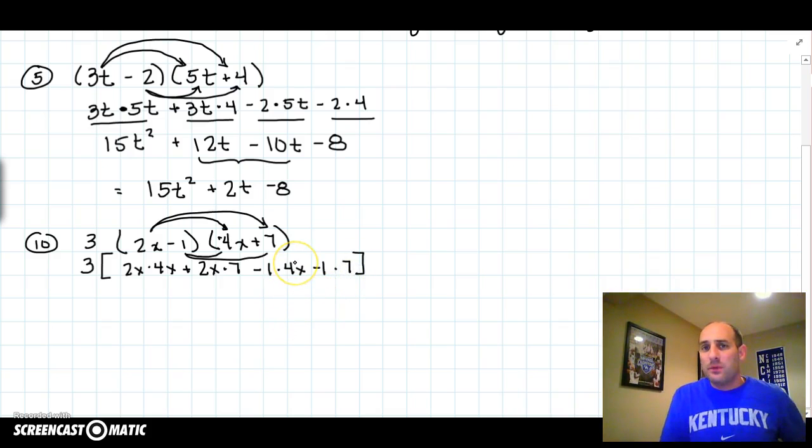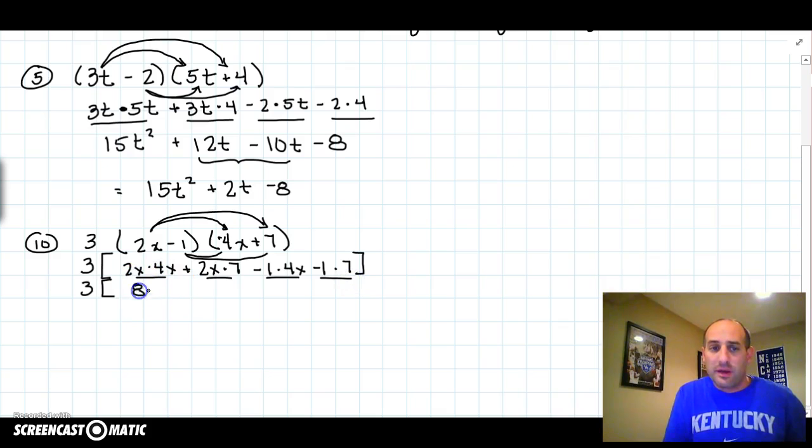So now I'm going to do exactly what I did in the last problem inside the bracket. I'm just going to save that 3 to the very end here. Like I said, that's a term, that's a term, that's a term, and that's a term. And when you put them all together, we get 8x squared, plus 14x, minus 4x, and a minus 7.